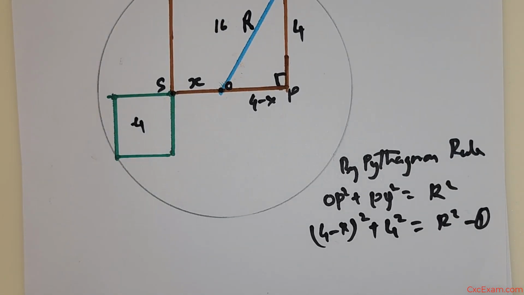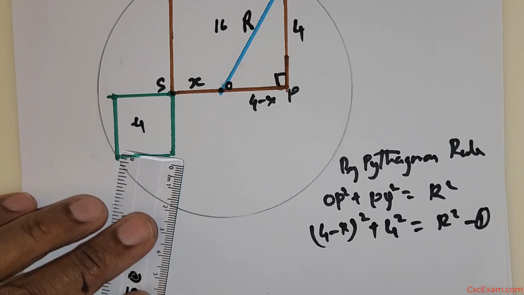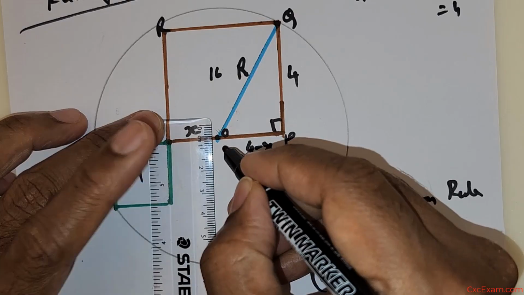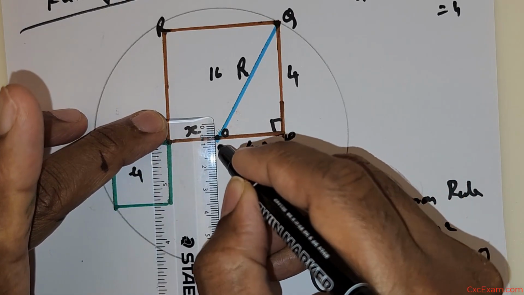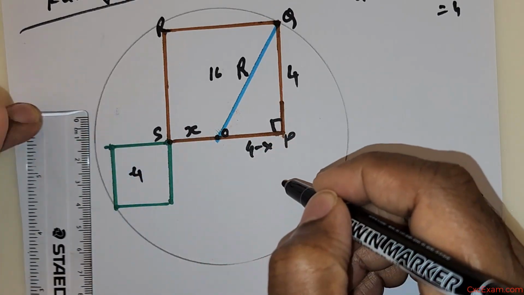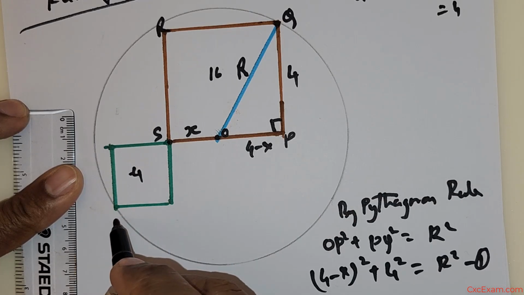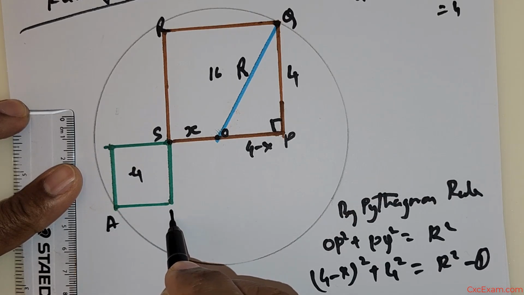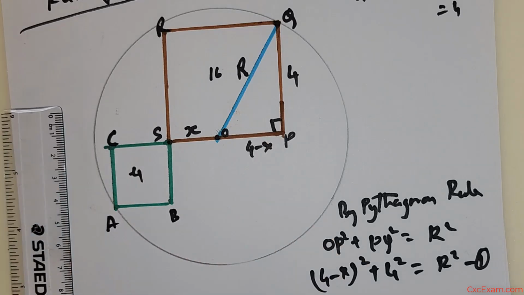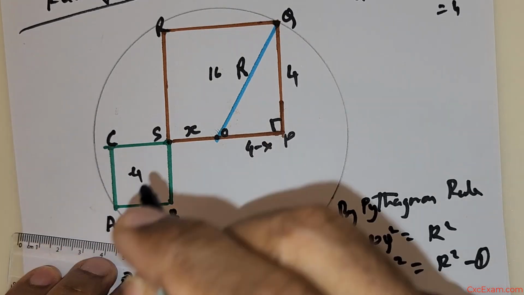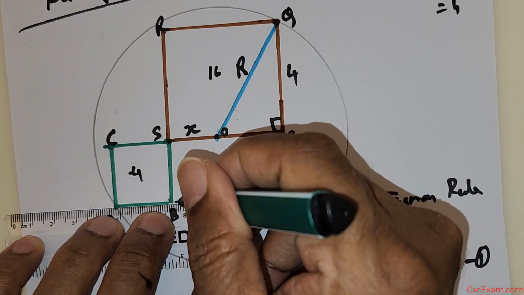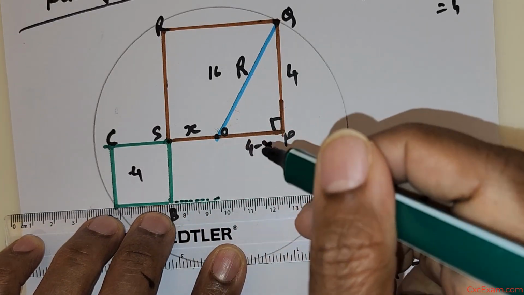Now for the smaller square, I would want to drop a perpendicular to this line. So I'm going to take this as A and B and this as C. So if I were to extend this, it's going to be like this.